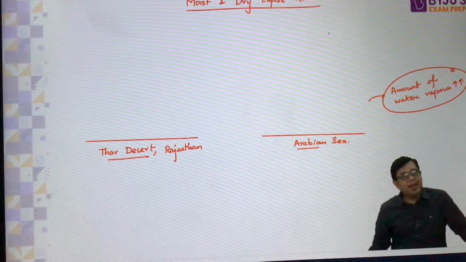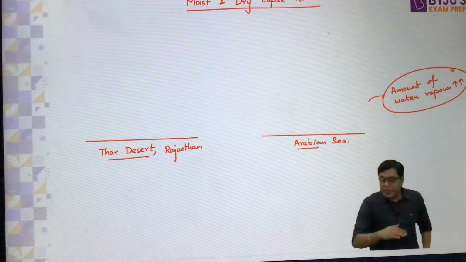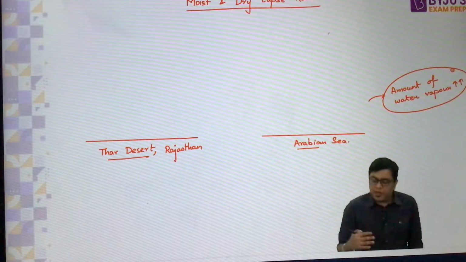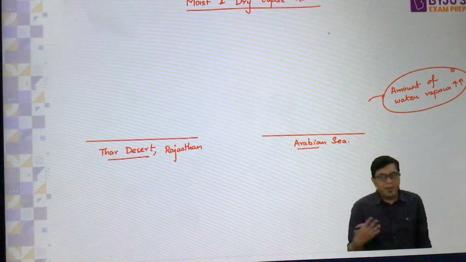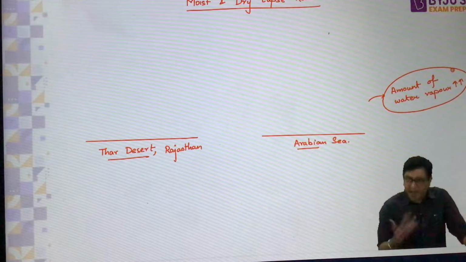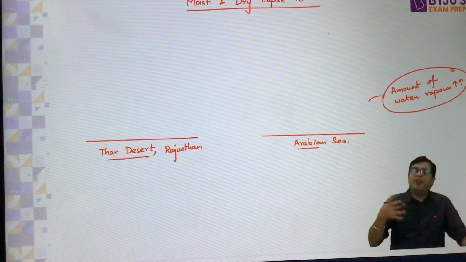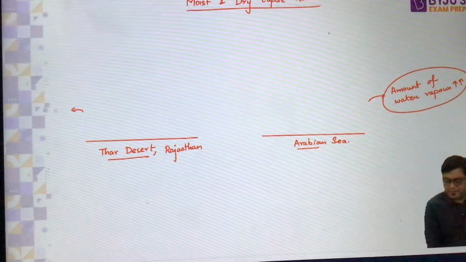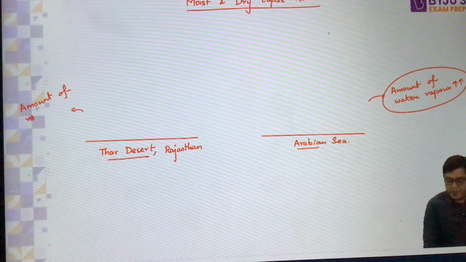We can say that because we are standing over a water body. That is why the amount of water vapor in this area will be very high. What about the desert? Deserts are dry in nature, so the air above it will also be very dry. So the amount of water vapor will be very less.